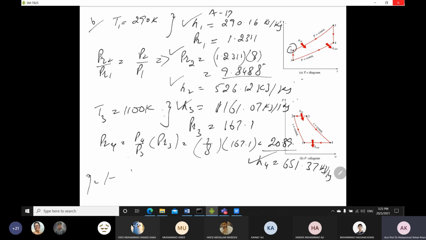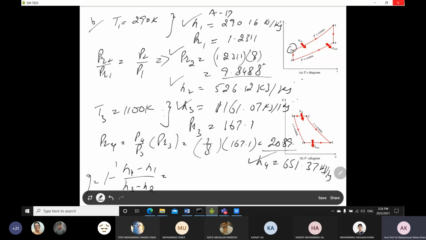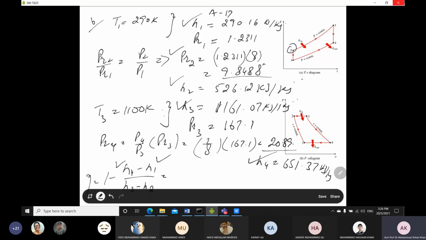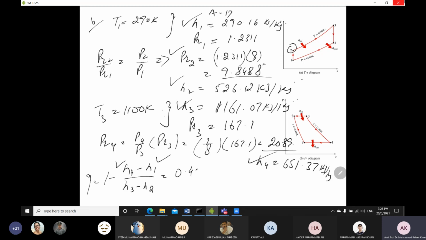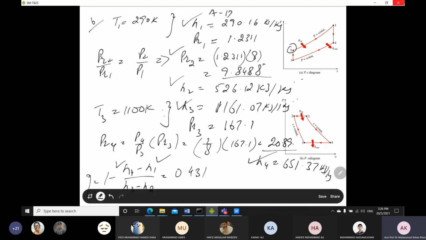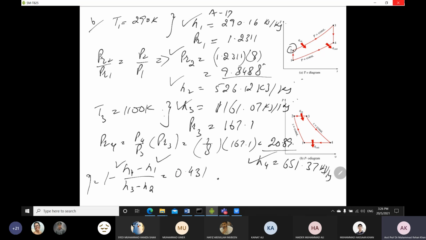The thermal efficiency is equal to 1 minus (H4 minus H1) over (H3 minus H2). By putting in all the values, you will get 0.431 for the thermal efficiency. We are again interested in finding the power delivered.